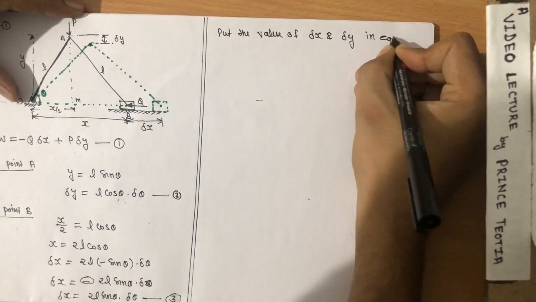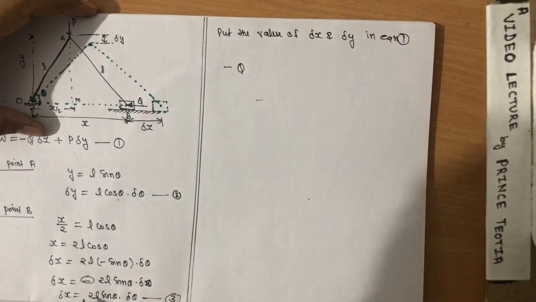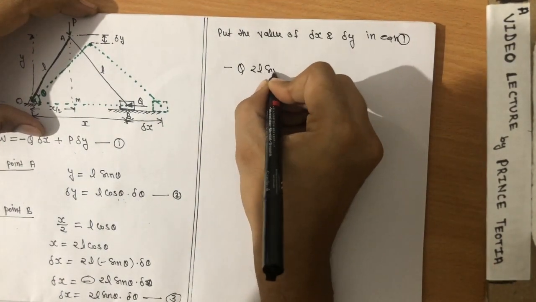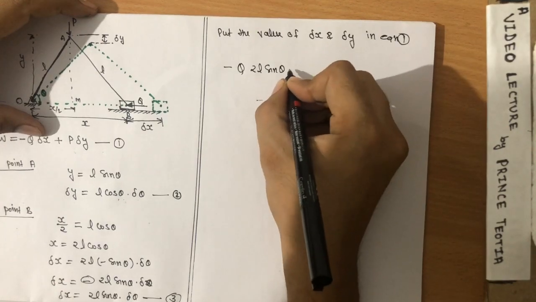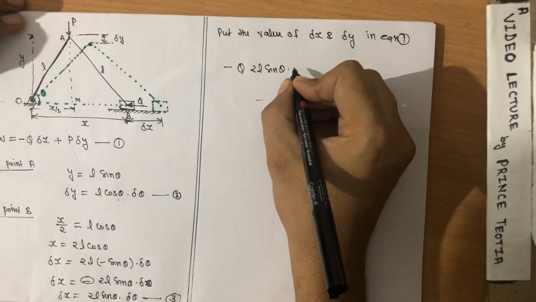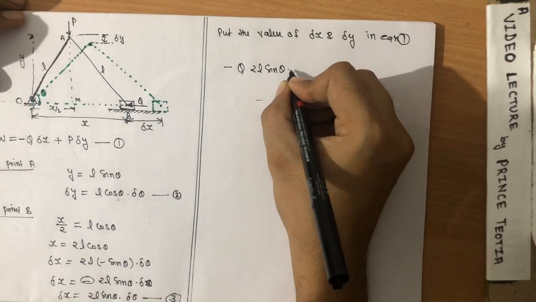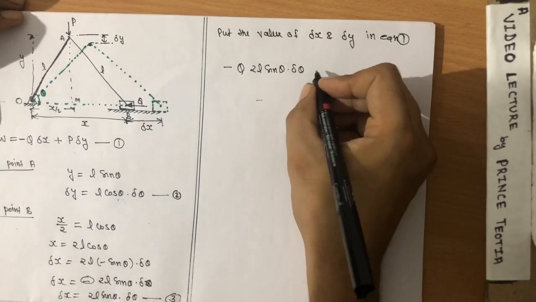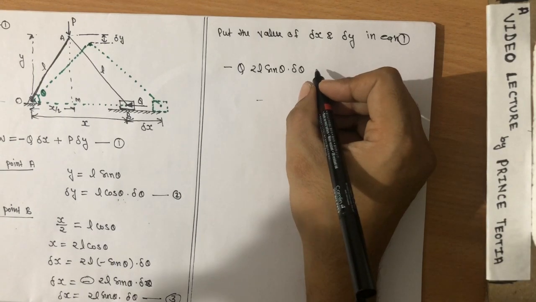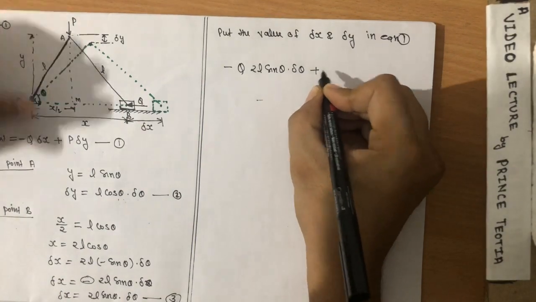in equation number 1. Okay, so the minus q delta x, we only have to take the magnitude. So delta x will be 2L sin theta into delta theta, and plus p into delta y.